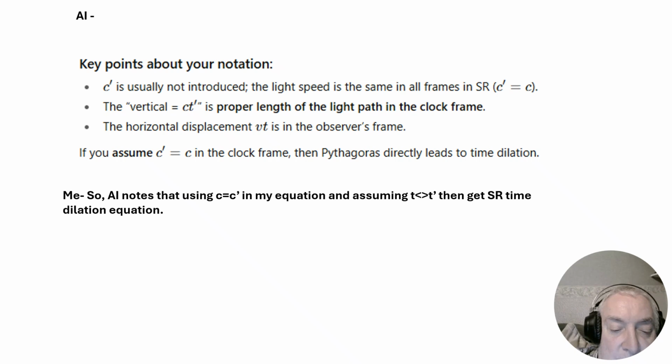If you assume C prime equals C in the clock frame, then Pythagoras' theorem directly leads to time dilation. So AI is noting that using C equals C prime in my equation and assuming that T does not equal T prime, then you get the special relativity time dilation equation.